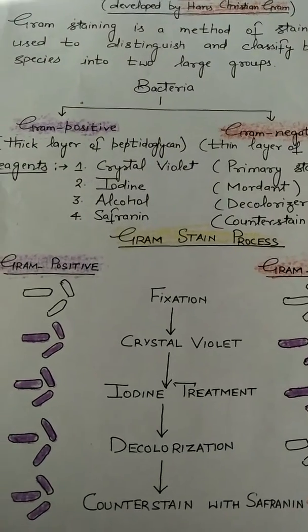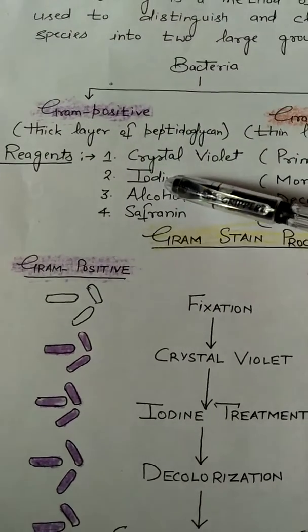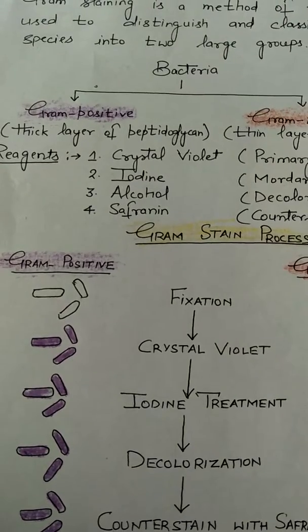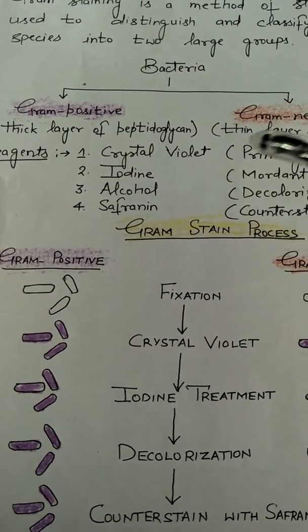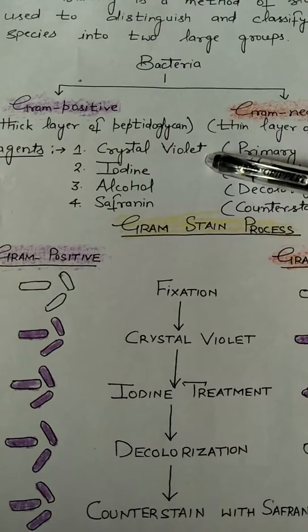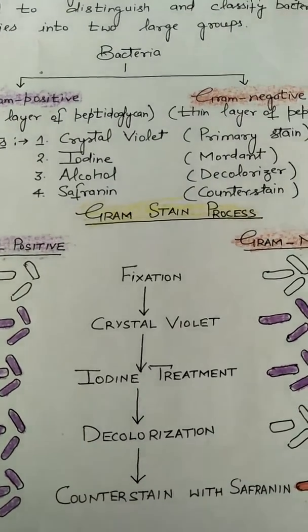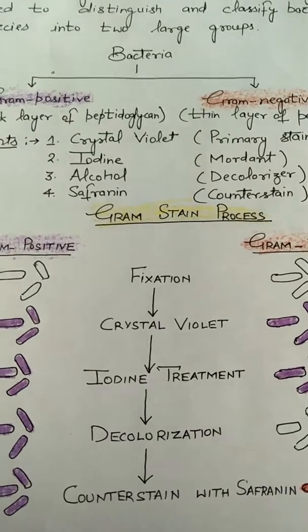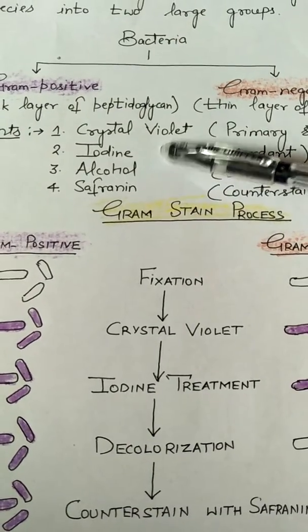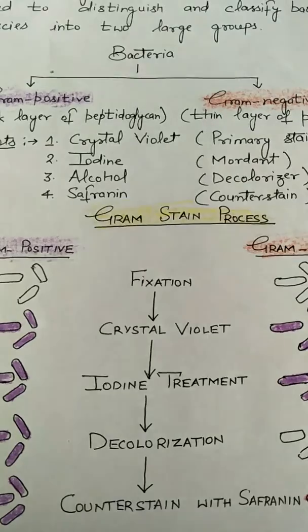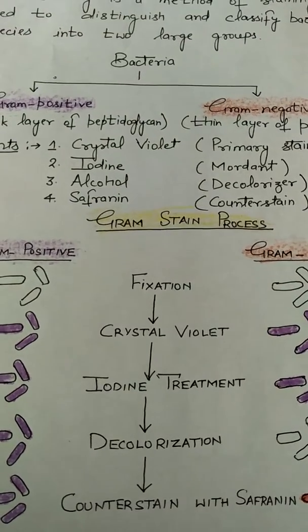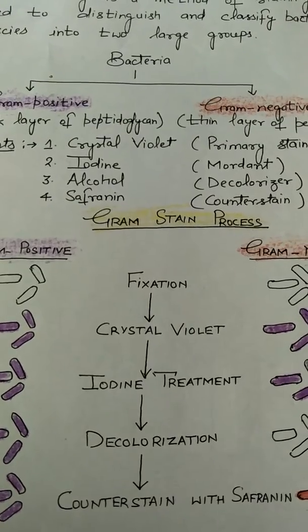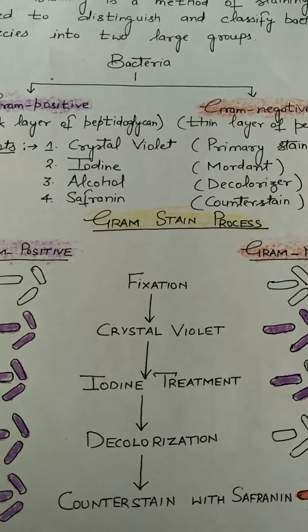Let us talk about reagents now. Okay, so the first reagent in gram staining is crystal violet. Crystal violet is also called primary stain. Second reagent is iodine. Iodine acts as a mordant. What is mordant? Mordant is an agent that fixes crystal violet to bacterial cell wall.